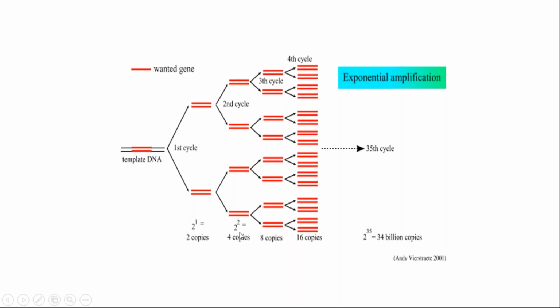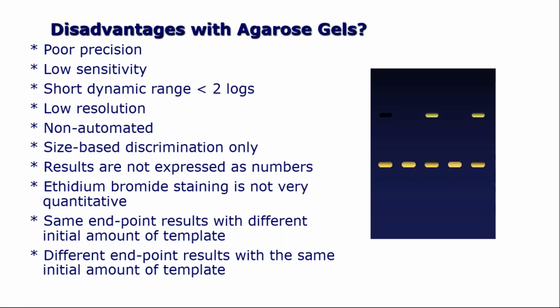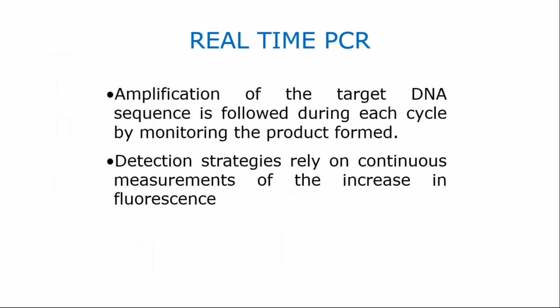In the next cycle, there is more, and you will be able to monitor in each cycle how much DNA is formed, unlike the endpoint PCR. And the detection strategies are based on fluorescence in real-time PCR, also known as qPCR.